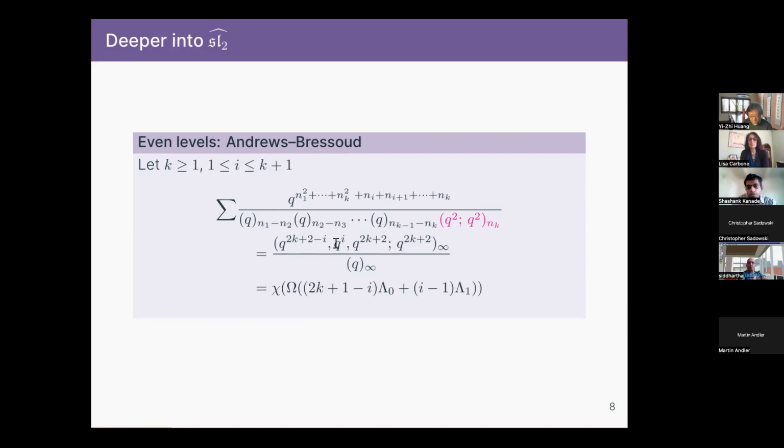And so really what's going to survive is only this factor 1 minus q to the i. Everything else is infinite, so it disappears. So here on the product side, you would get something like 1 minus q to the i divided by (q;q)∞. And on the left-hand side, you'll get an infinite fold sum.